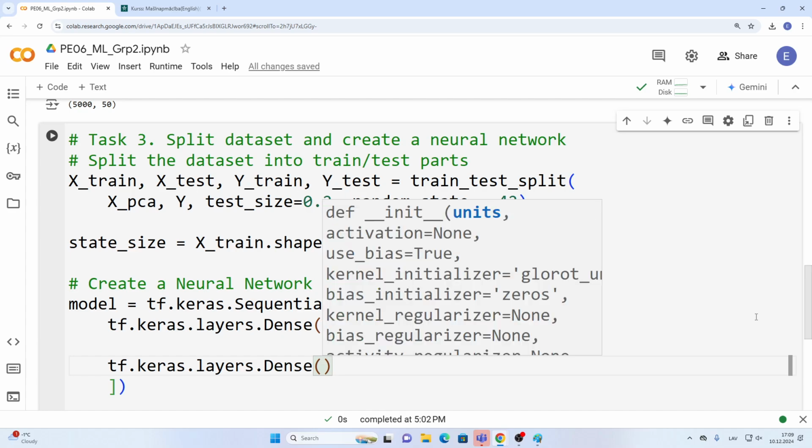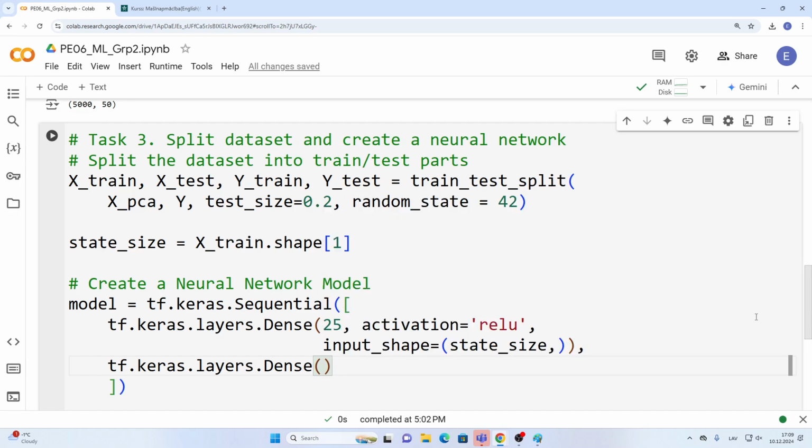There are no missing connections or some other stuff. These are all connected. So the number of output neurons is going to be the number of actions, because an action is actually choosing a label shown in the picture. So number of actions, and the activation function we will use is going to be linear.